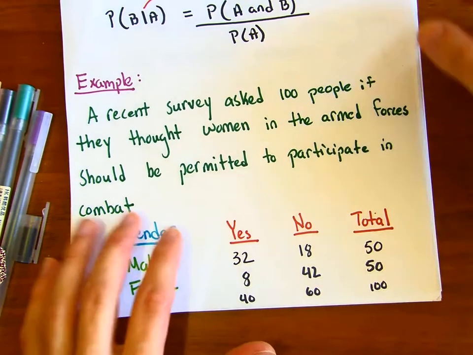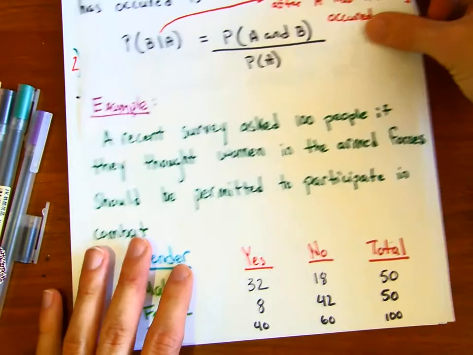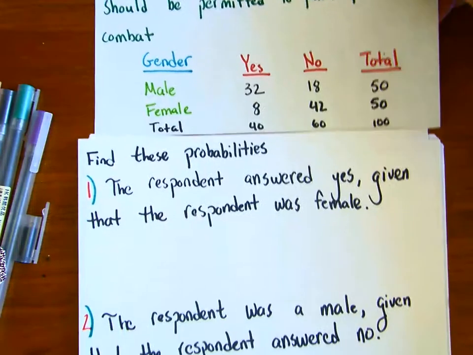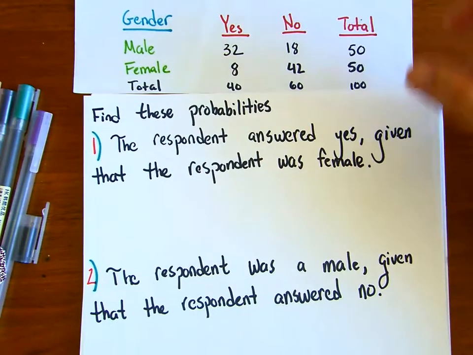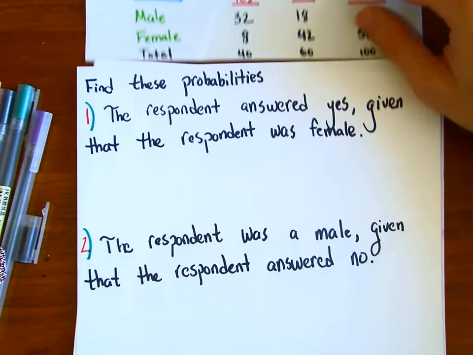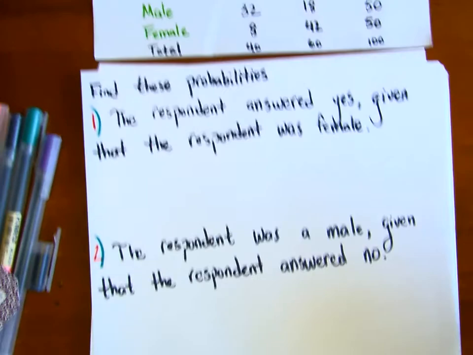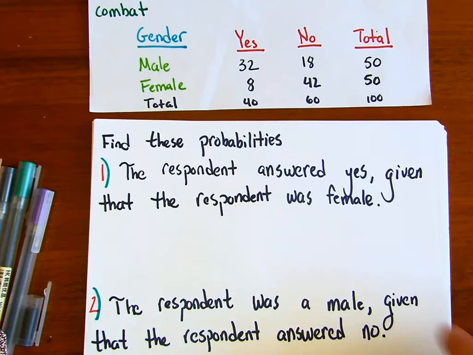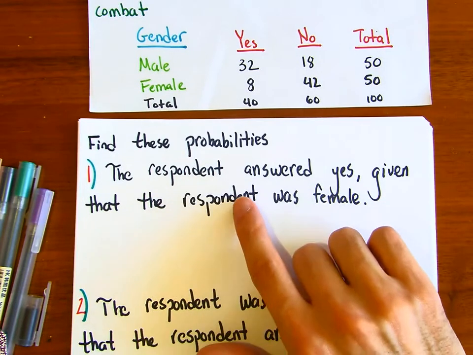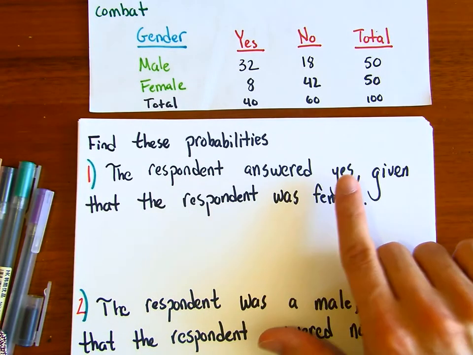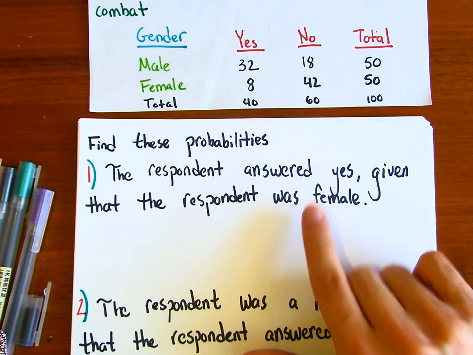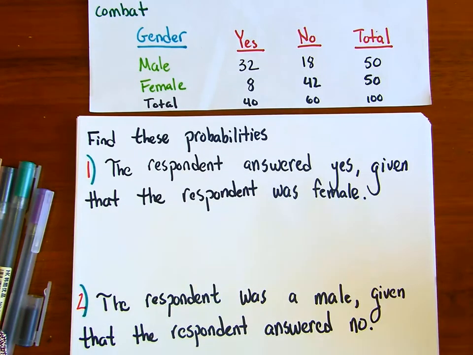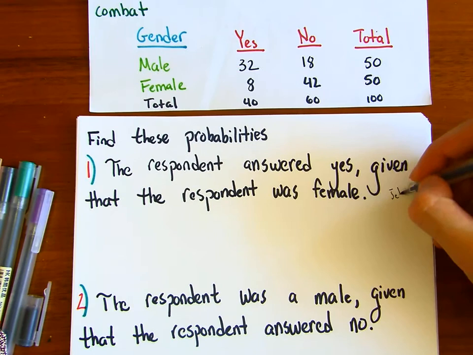Okay? Now let's look at this next question. It says, find the probability that the respondent answered yes, given that the respondent was female. Let me fix the camera angle a little bit. Okay, much better. What I'd like you to do is trust your Jedi senses.